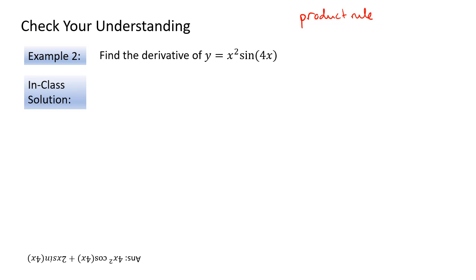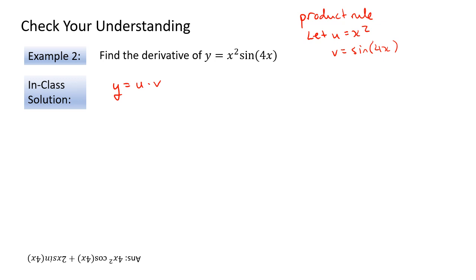And the product rule, remember, is when you have two functions multiplied together, you set them to be certain variables. So I'm going to let u equal x squared and v equal sine of 4x. So if I substitute those in, I get y is equal to u times v.